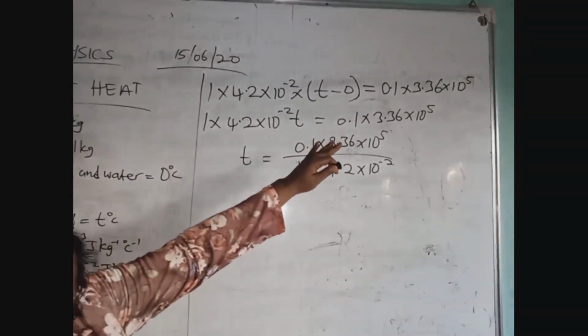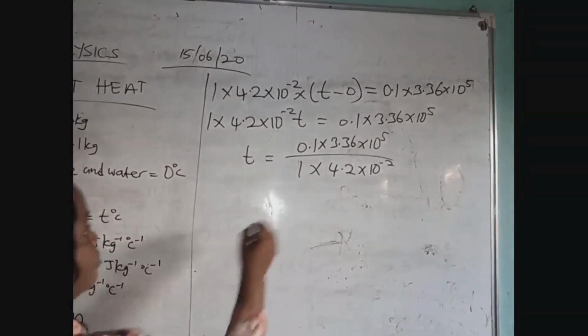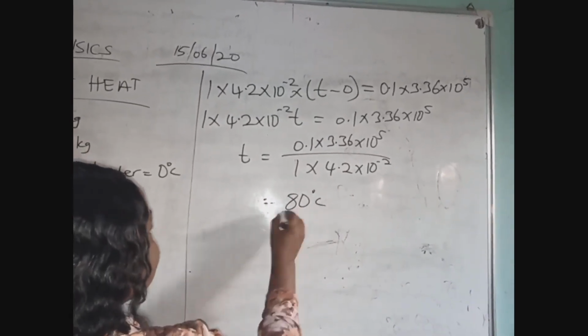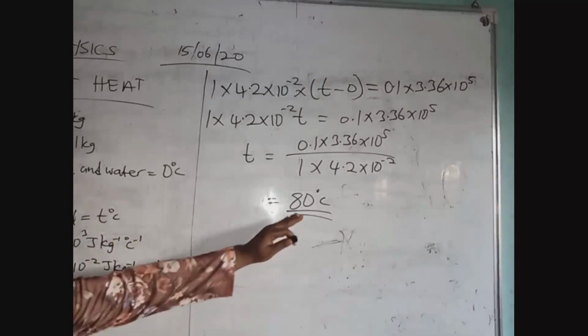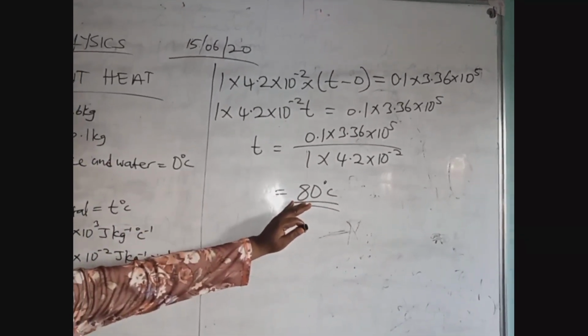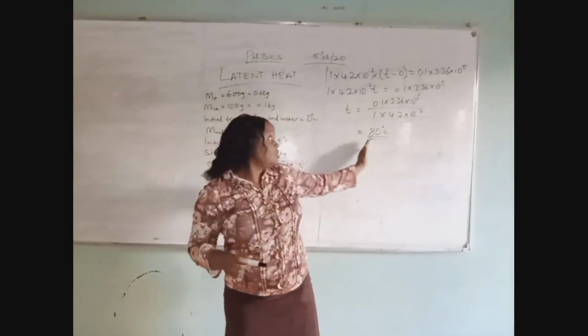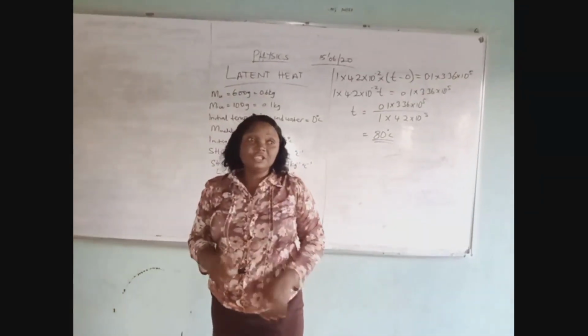So use your calculator to evaluate this. You get 80 degrees Celsius. Therefore, this is the initial temperature of the metal. Is that clear? We will now come to the end of the calculation.